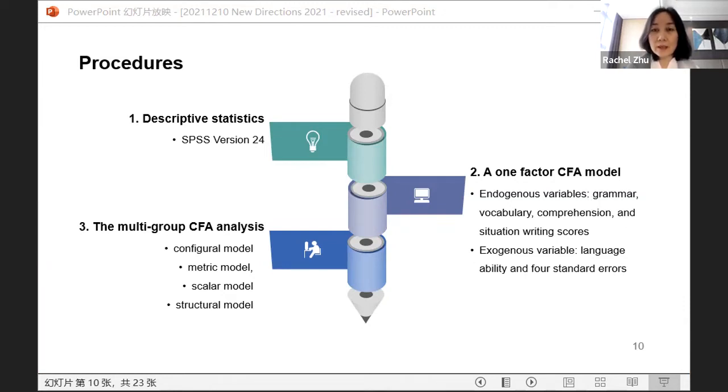And second, a one-factor CFA model was fitted to the data with AMOS version 24. CFA has been widely used to provide a confirmatory test of the measurement theory, and in our study, the theoretical framework indicates that we can decompose language ability into different language knowledge and skills.